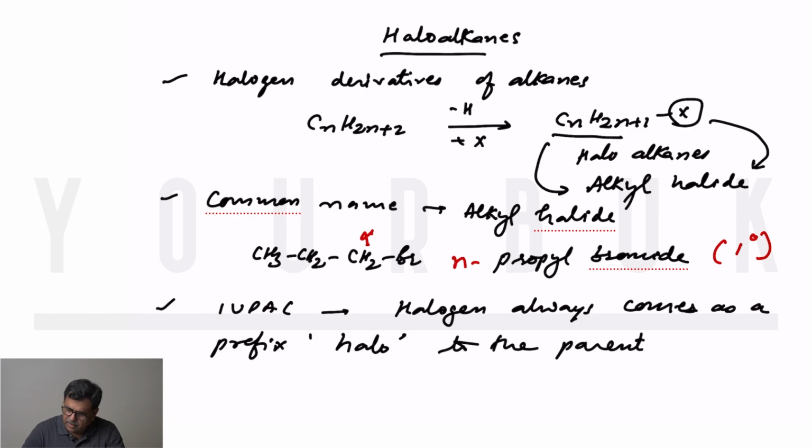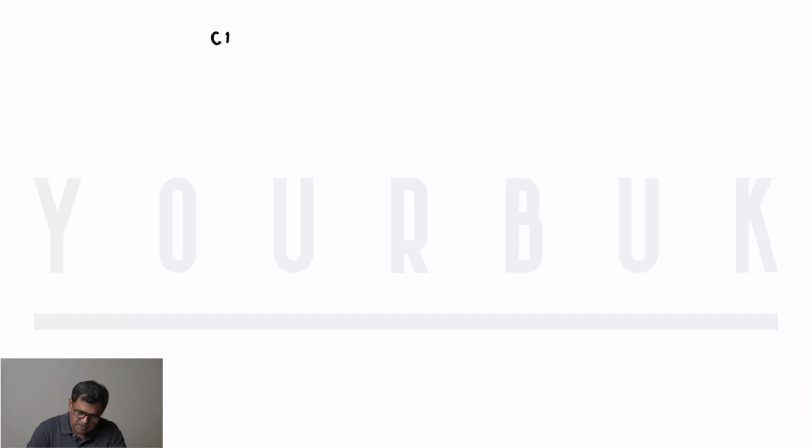So you just add halo to the parent hydrocarbon in the IUPAC system. And this halogen should get the minimum number in the longest continuous chain. For example, you are given CH3CH2CH2Br. Your alpha carbon is at the end of the chain, so we start numbering with this carbon: 1, 2, 3. The bromine position is number 1, so we write 1-bromopropane.